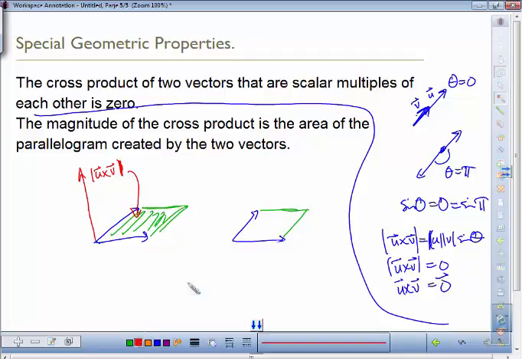So imagine trying to find the height of this. Let's call the sides U and V. In terms of lengths, we just call them the magnitudes of U and V. The base is U.